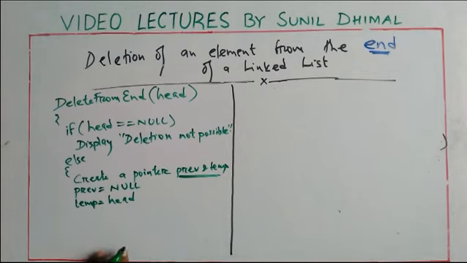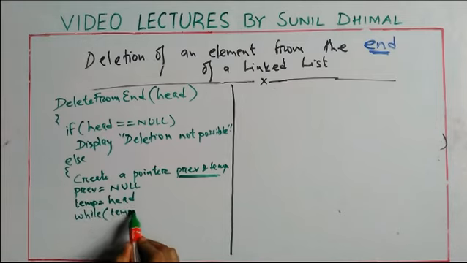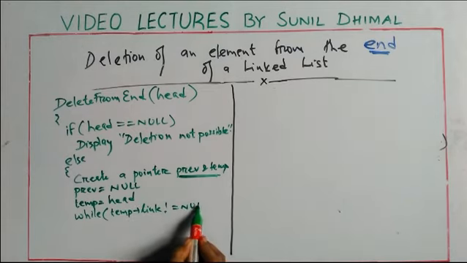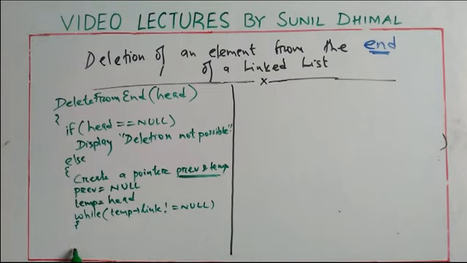Now what you do is you have to actually have a loop wherein you compare temp of link with null. If it is not equal to null, you will make previous point to wherever temp is pointing to, and you'll advance the temp to the next node, right?